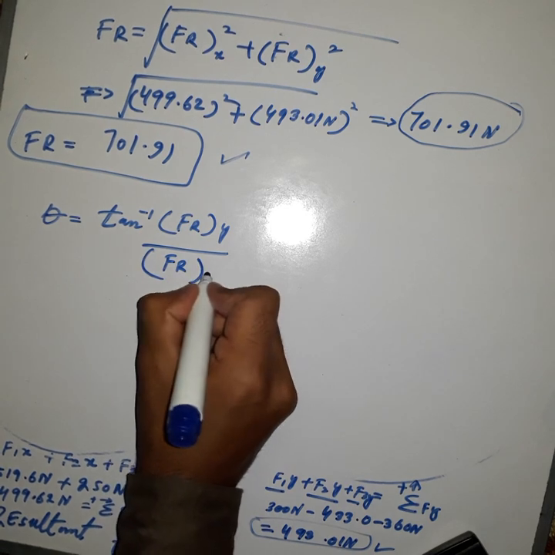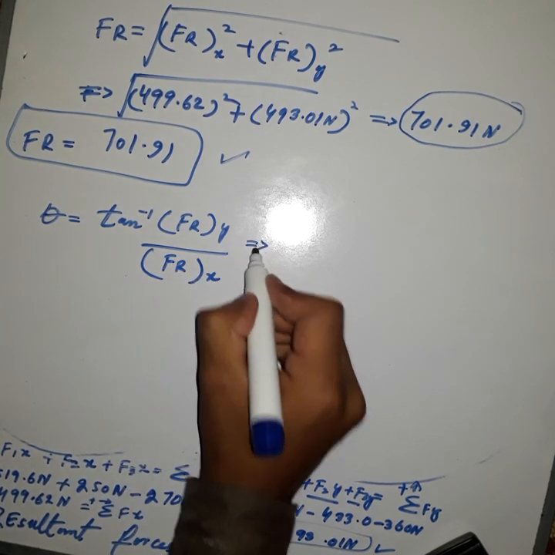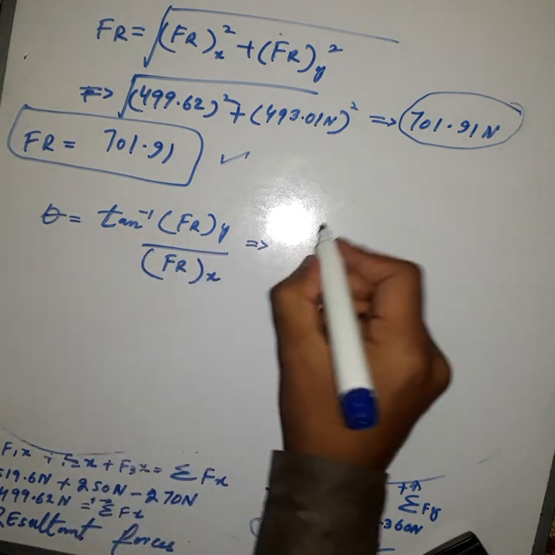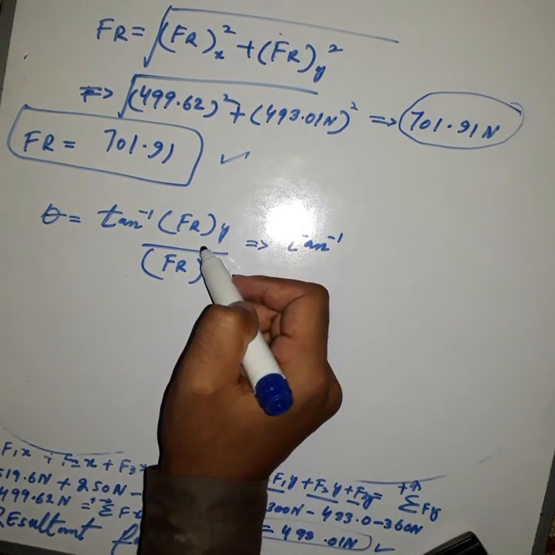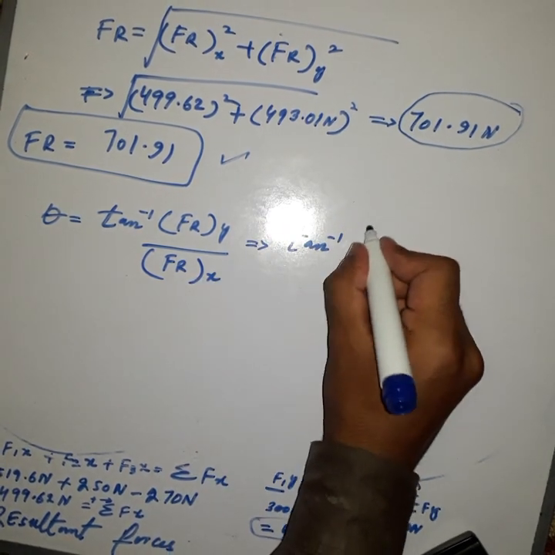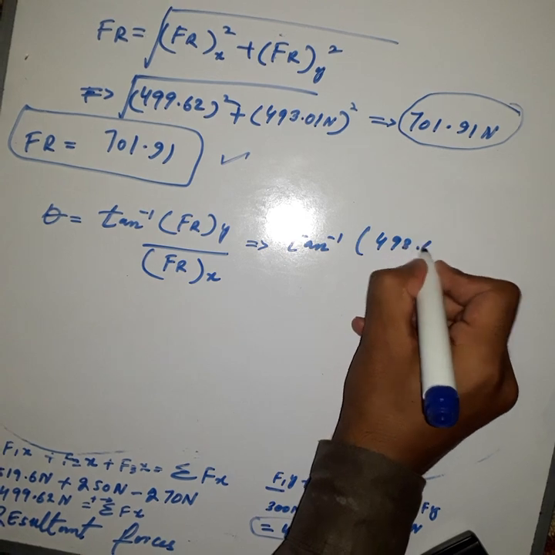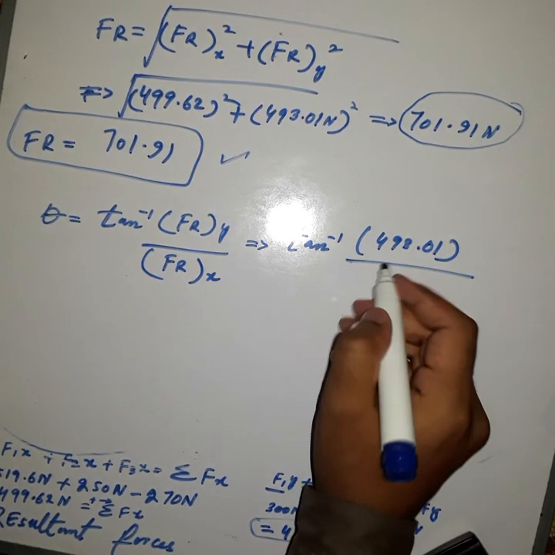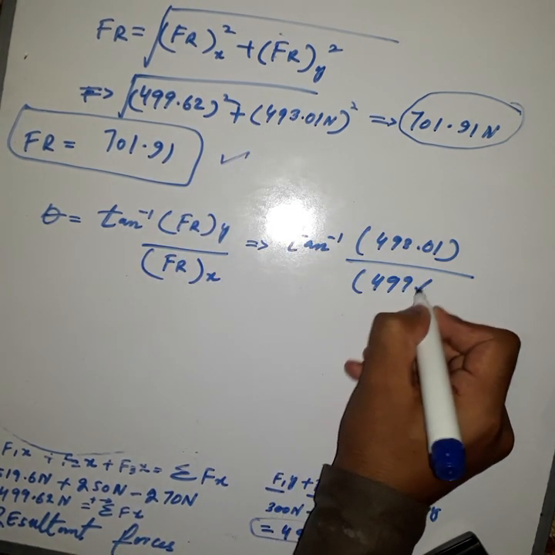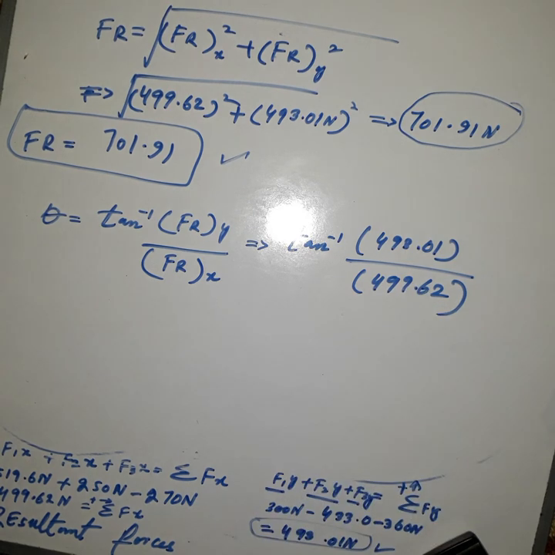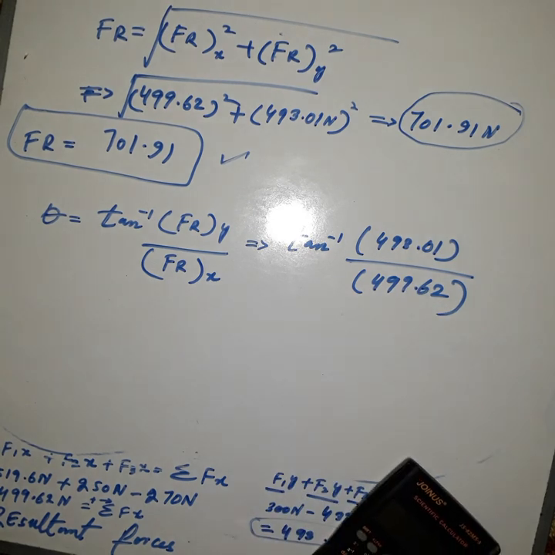We will use this formula to find the resultant force angle. So tangent inverse, we know that our FR of y is equal to 493.01, and FR of x is equal to 499.62.